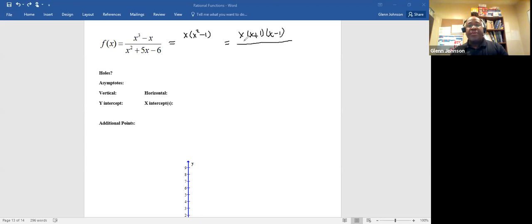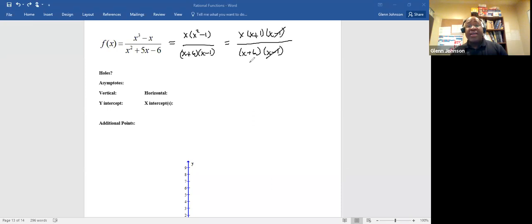In the denominator, x squared plus 5x plus 6, that's going to be x plus 6 times x minus 1. So we have a common factor here of x minus 1, which cancels out.